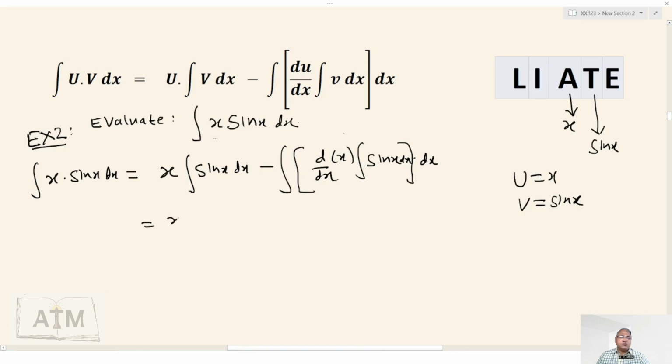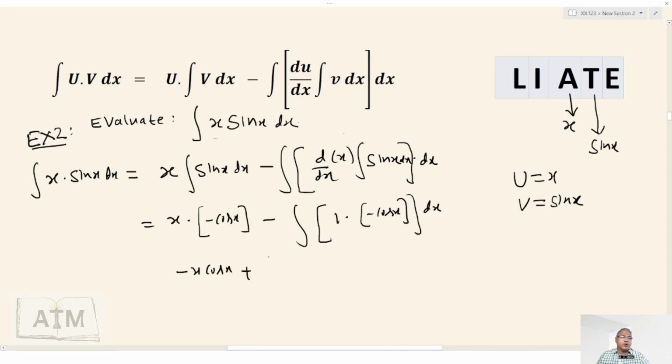So this is equal to x, integration of sin x is nothing but minus cos x, minus derivative of x is nothing but 1, and here is minus cos x, outside the box dx. So minus x cos x, minus into minus is plus, integration of cos x with respect to x. So minus x cos x, and integration of cos x is plus sin x, plus c. This is the required solution.